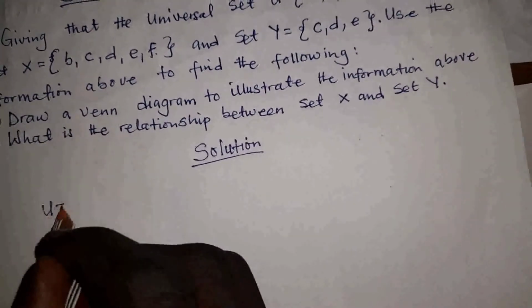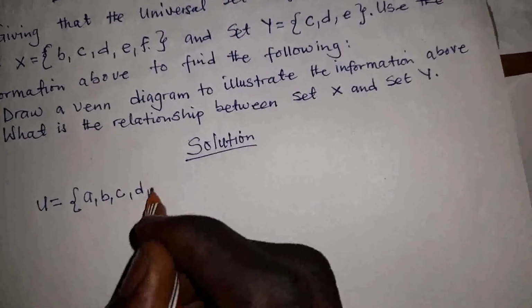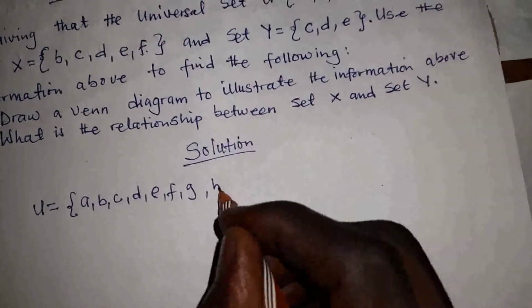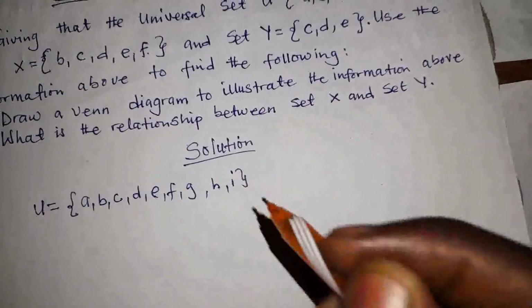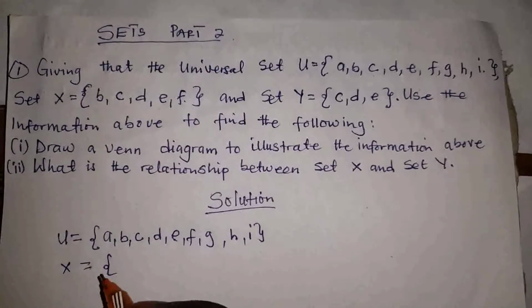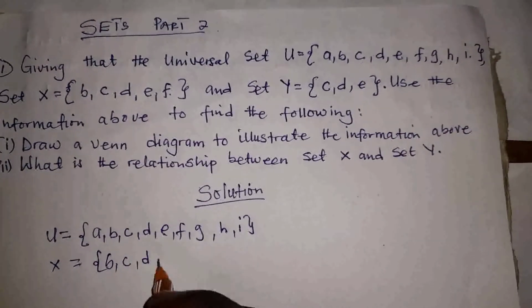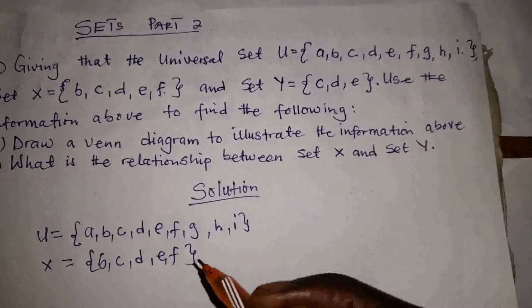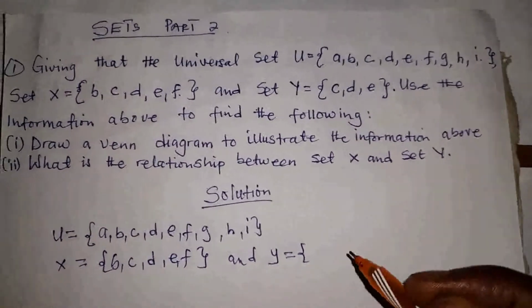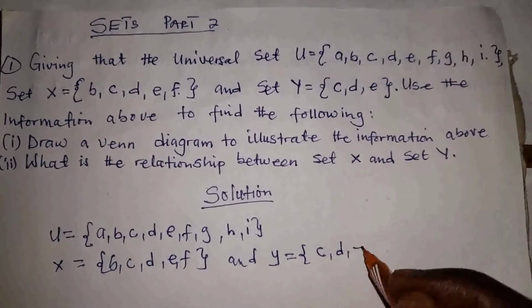We know the universal set U is A, B, C, D, E, F, G, H, and I. Our set X is B, C, D, E, and F. And what is our set Y? Set Y is C, D, and E.